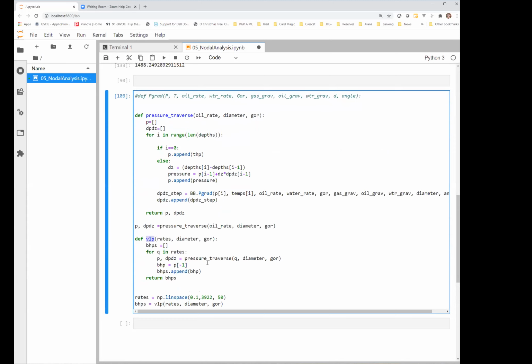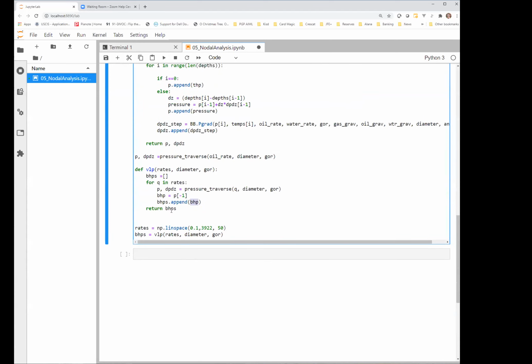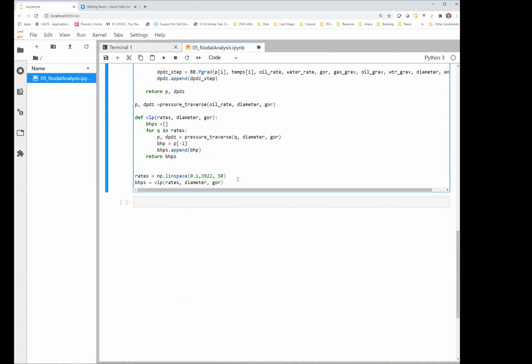It is basically extracting the last value of my pressure traverse, as I mentioned, and appending every value into a vector. The output of this is going to be a list of bottom-hole pressures, okay? So we're going to have a pair of rates with pairs of BHP.